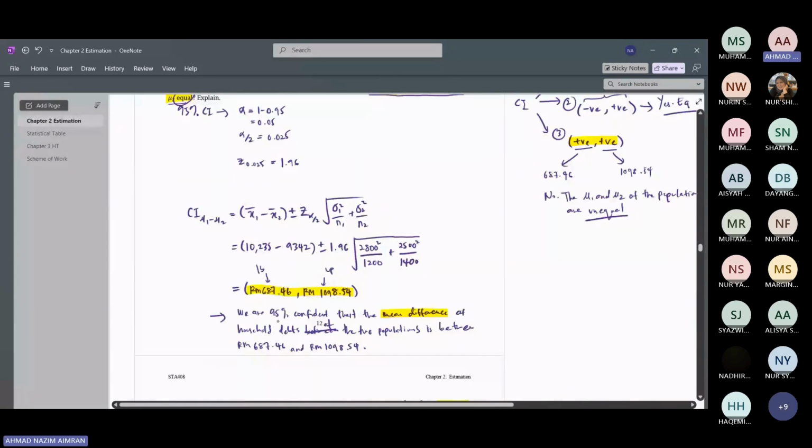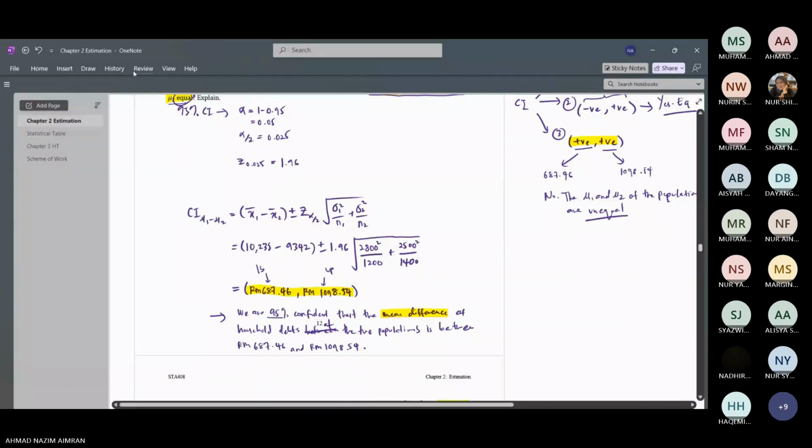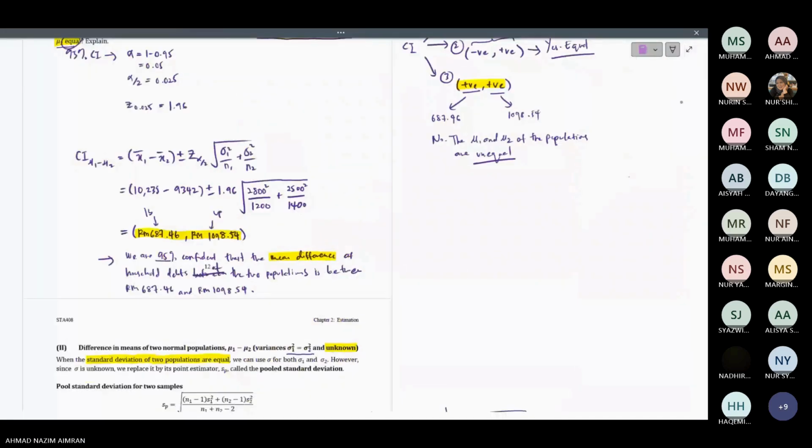We are 95% confident that the mean difference household debts of the two populations is between RM 687.46 and 1098.54.